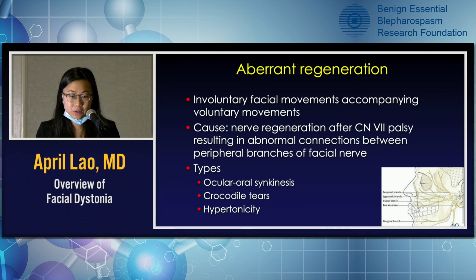There are different types, ocular, oral, synkinesis, that will lead to either, when you're voluntarily blinking, you'll get involuntary mouth movements, and vice versa as well: you move your mouth voluntarily and you'll get involuntary eye movements. And then crocodile tears is another form where you tear when you chew, and a hypertonicity type where you're just contracting at rest.